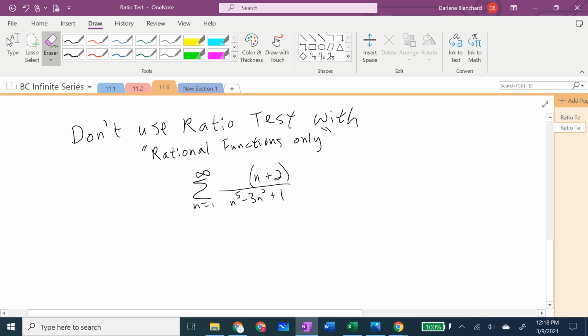Because if you take a moment to think about it, if you plug in n plus 1, that's not going to change the degree of your numerator and denominator. If you reciprocate this, it will flip the degree of your numerator and denominator. And when you then multiply this with the reciprocal, you have same degree issues. And you're going to have the same leading coefficients on top of that. You're going to get 1.